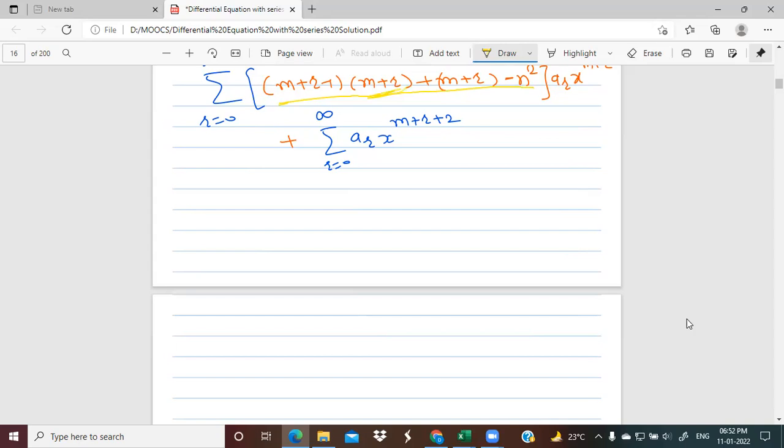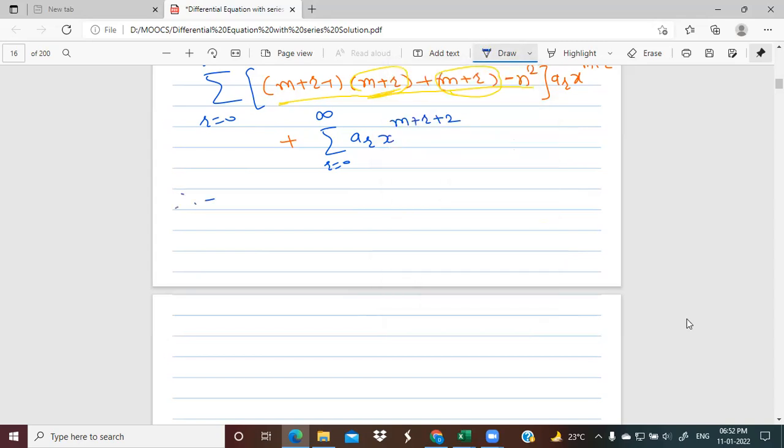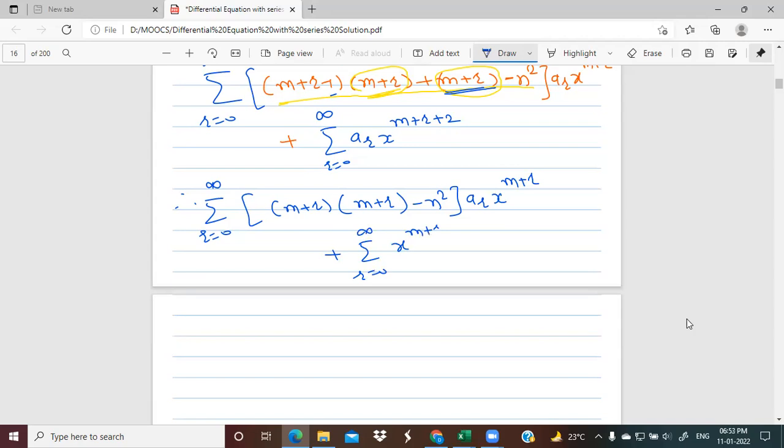In the bracket, m plus r is common. Here minus 1 and this plus 1 give us m plus r whole square minus n square, and the second term as it is, with power m plus r plus 2.